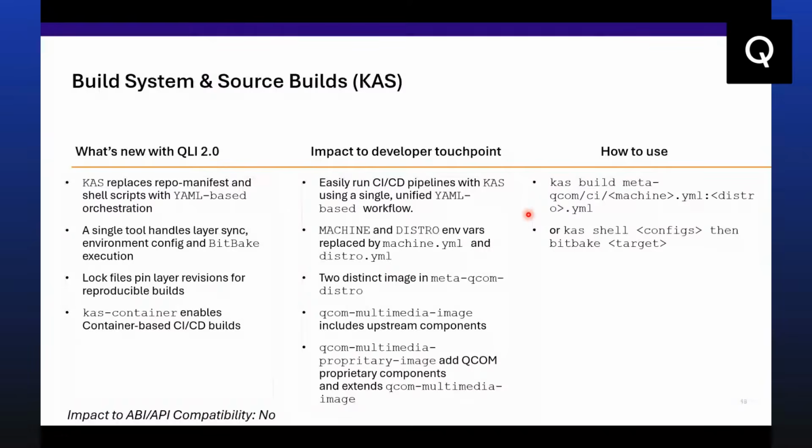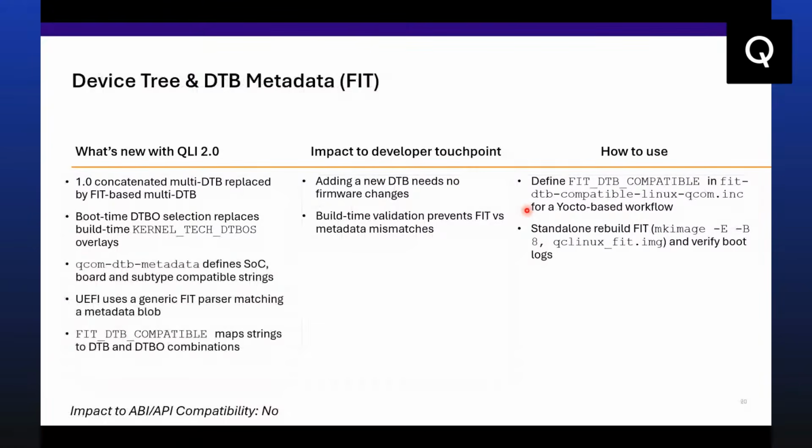The next significant change with Qualcomm Linux 2.0 is device tree and DTB metadata management. So we have adopted a significant enhancement here, which is the flattened image tree, abbreviated here as FIT. The key thing to be noted here is that in Qualcomm Linux 1.0, we used to have concatenated multi-DTBs.